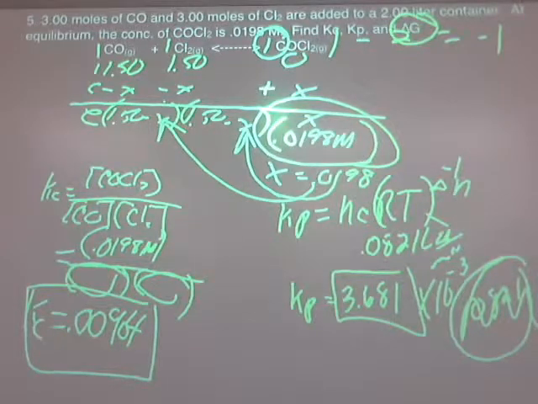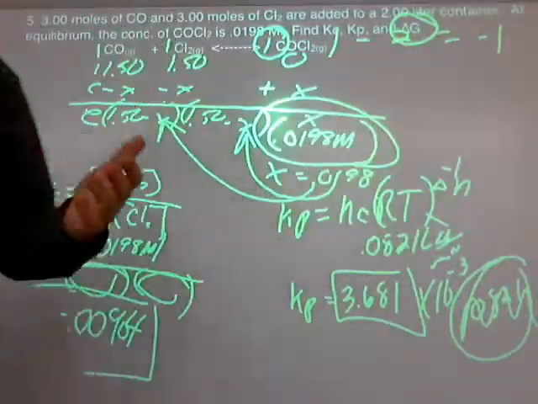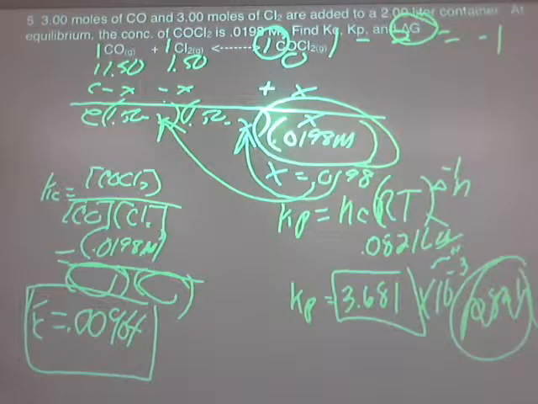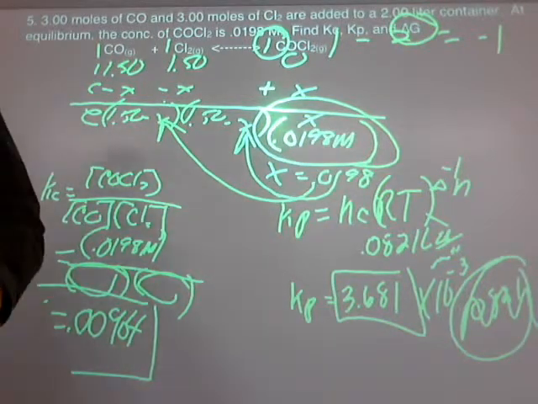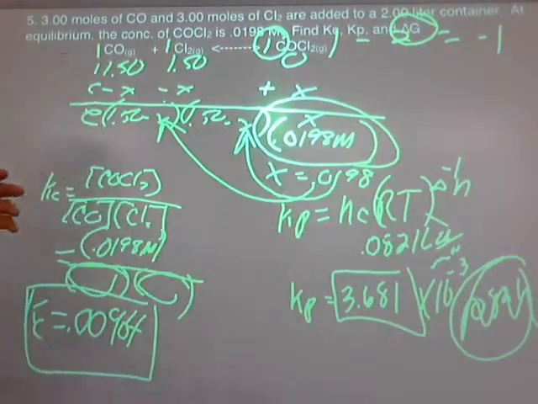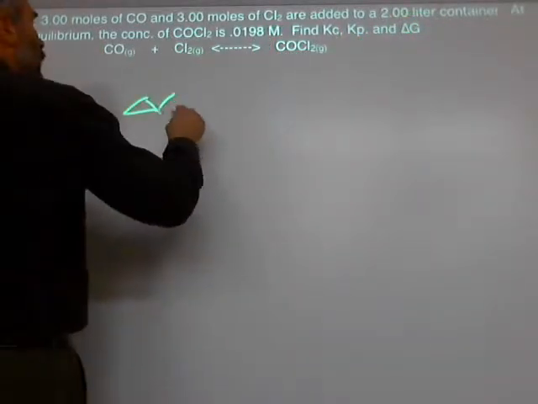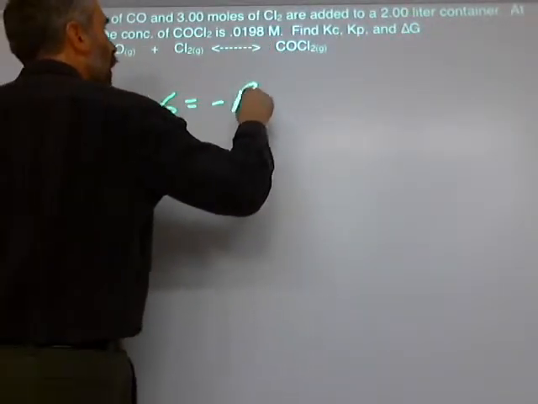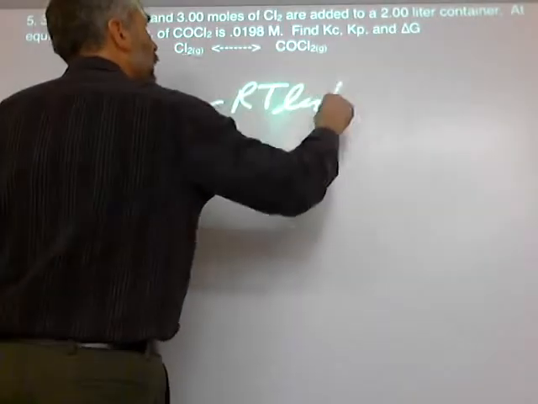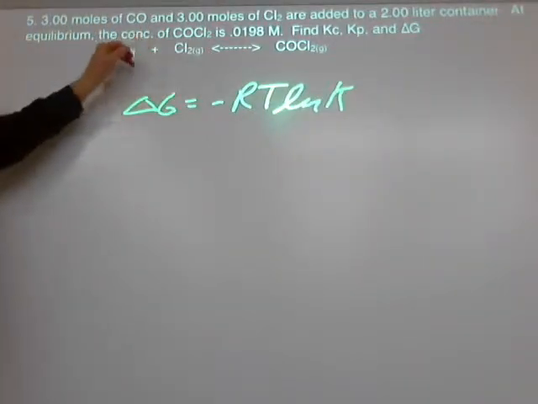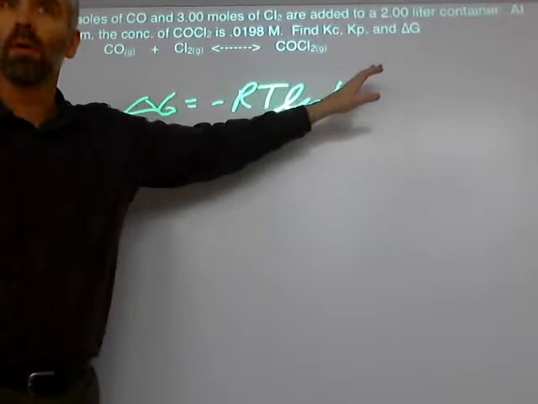All right, now look at delta G. To do delta G, I have one more thing to do here. The equation for delta G was what? Delta G equals negative RT ln K. And since they're all gases, which K do I use?